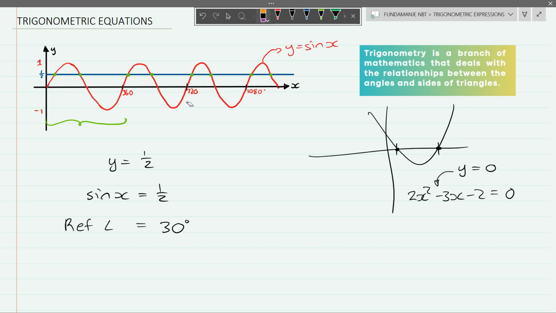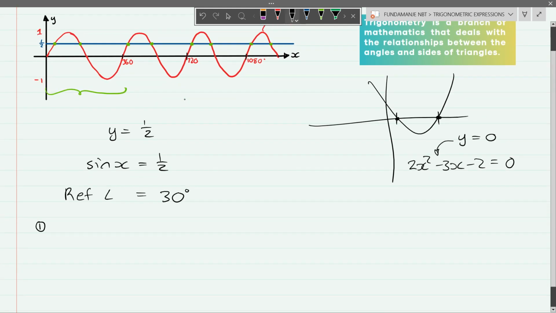Once I have my reference angle, I ask myself, okay, when is sine positive? As we discussed in the previous video, sine is positive in the first quadrant and in the second quadrant. The answer for the first quadrant would be that x is equal to 30 degrees plus 360 degrees k, where k is an element of all integers.